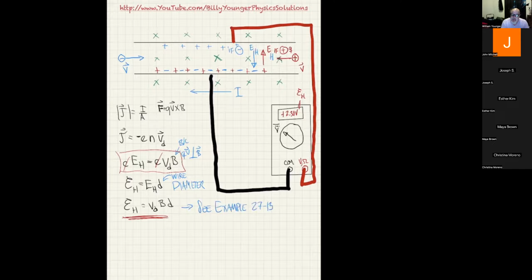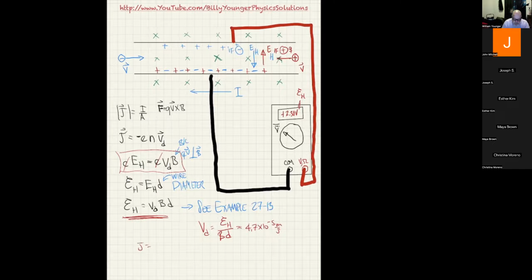And from it, you're able to calculate the drift velocity, because obviously drift velocity, according to this equation, will be the electric potential you measure across the wire divided by the magnetic field times the diameter. And it gets a figure of 4.7 times 10 to the negative fifth meters per second, which is a drift velocity.